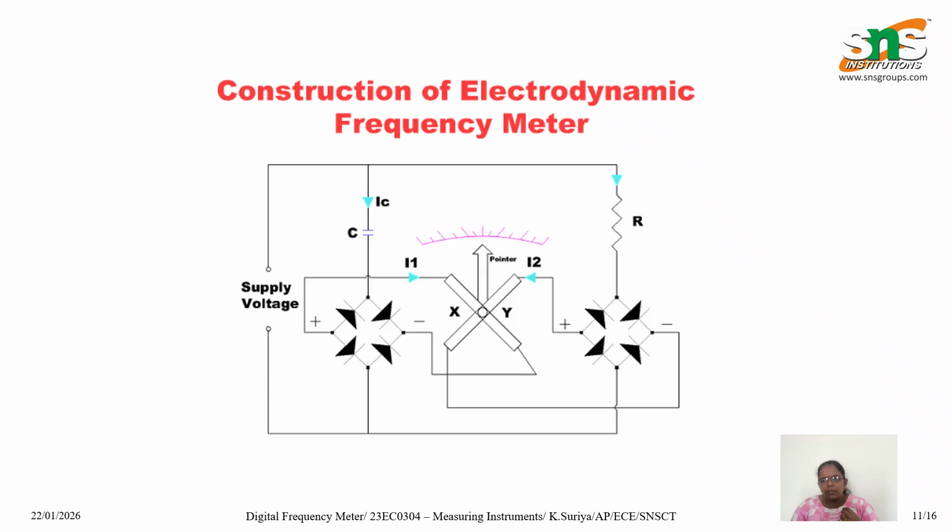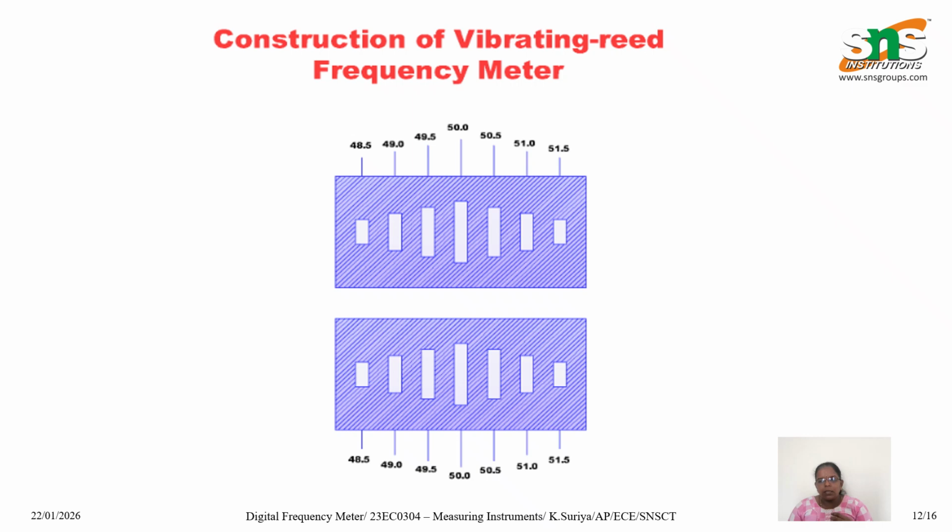The second is the electrodynamic frequency meter, which operates based on the interaction between the magnetic fields produced by the fixed and the moving coils. The next one is the vibrating reed frequency meter, which contains metal reeds tuned to different frequencies. When the applied frequency matches the natural frequency of a reed, it vibrates strongly, indicating the frequency value.